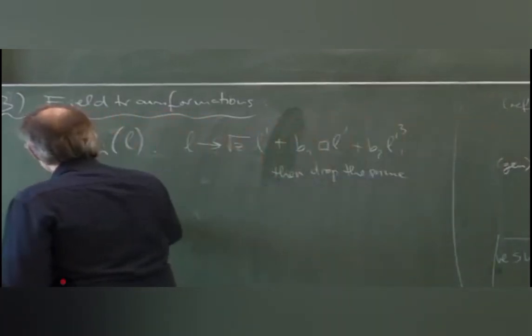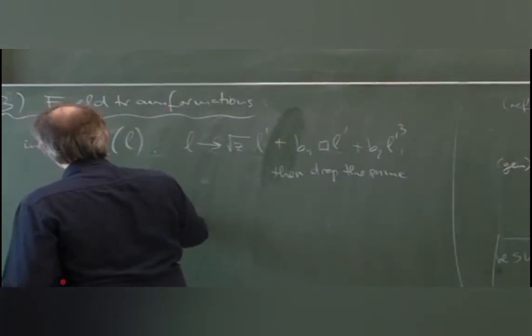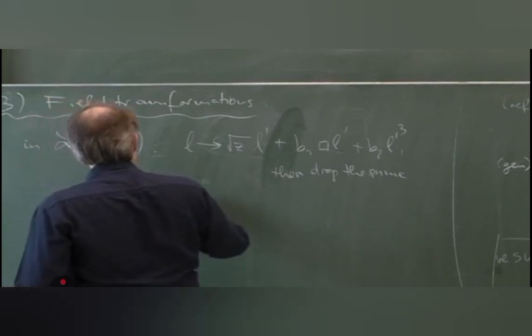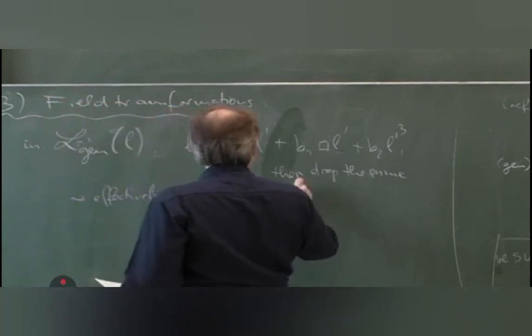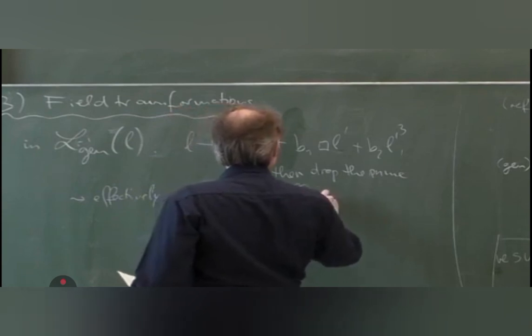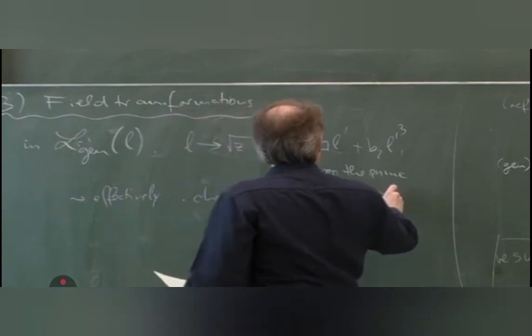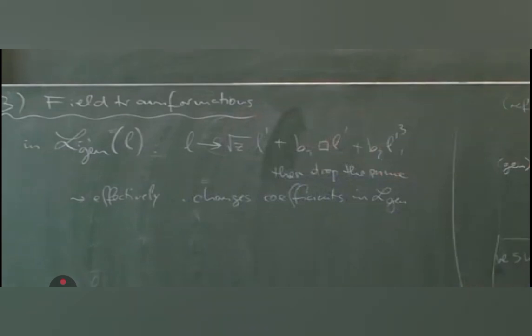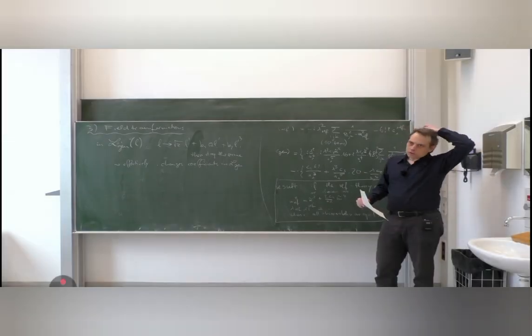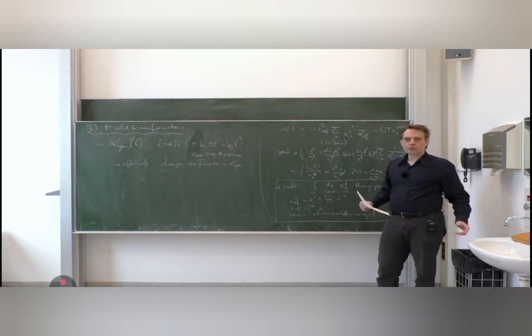So this simply changes the coefficients in this L general. The L general was already the most general Lagrangian that contains all possible operators up to dimension 6.